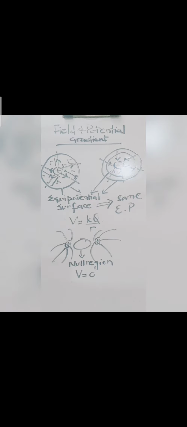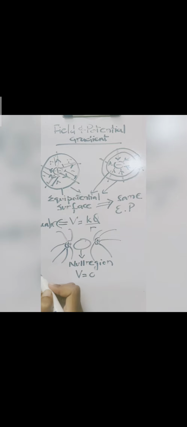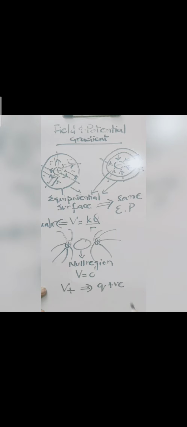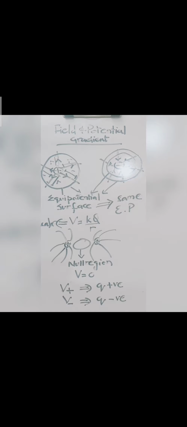And at this point, potential would be equal to 0, right? And in this particular case, we know that V is a scalar quantity. Since V is a scalar quantity, not having any direction, if you find a positive or a negative charge with V, what does it mean? If V is positive, that means q is positive, and if V is negative, that means q is having a negative charge, right? So it's basically the charge on q, not the direction of V.